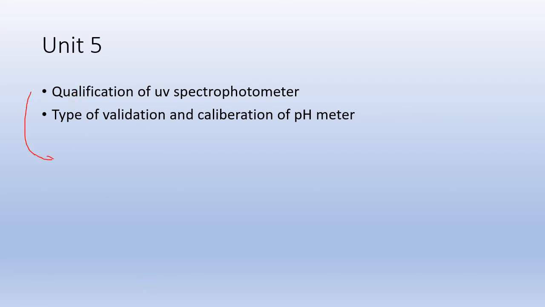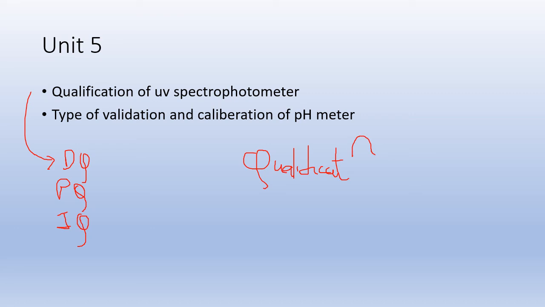Design qualification, that is called DQ. Performance and process qualification, that is called PQ. Installation and instrumentation qualification. There's a thin line between qualification and validation, so don't just mix them. Usually you validate equipment, or rather usually it is a process that is validated, but for qualification we usually qualify the design, we qualify the instrument.